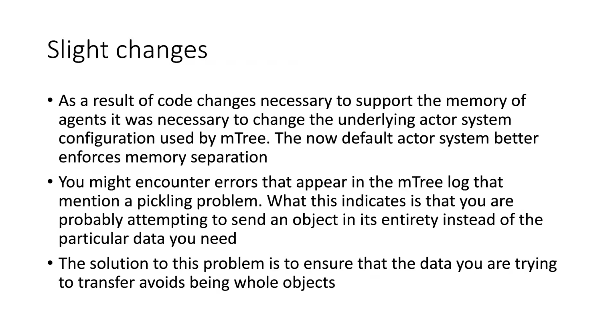So one of the things to be mindful of, which is sort of a hidden detail, is the memory model used in the actor system. We had defaulted to a base system in Python, and what would happen is you would create items in memory, and then they would actually be accessible across actors. So you could have an actor, and you could actually reference things in the memory of another actor.